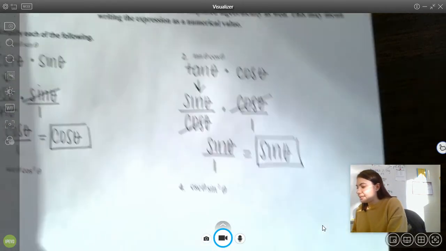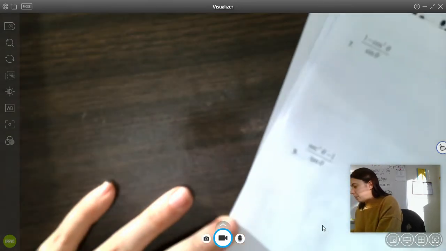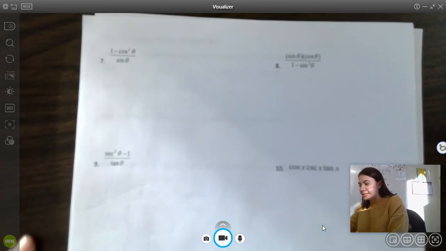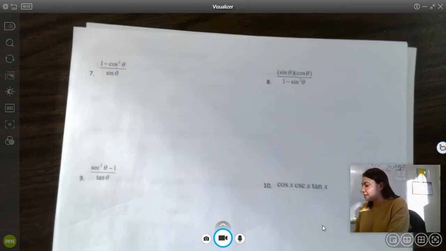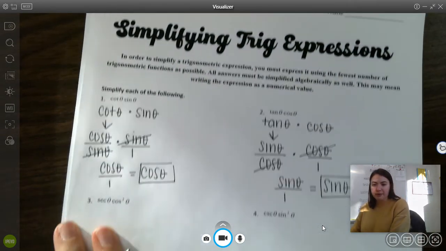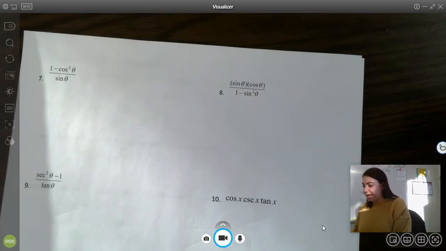If we take a look at this second page, we do have a few more problems. You know what, you guys? How about this? Let's say that our homework for tonight is only the first page. I would just really like you to try 3 and 4 on your own. Please don't worry about 7, 8, 9, 10, and 11.